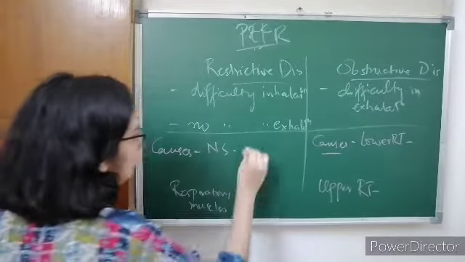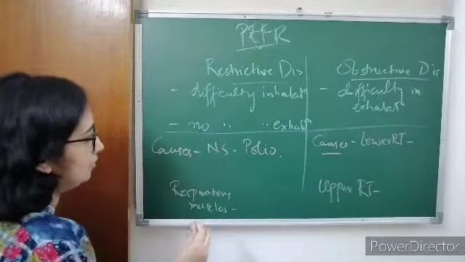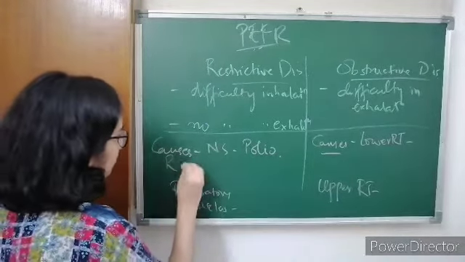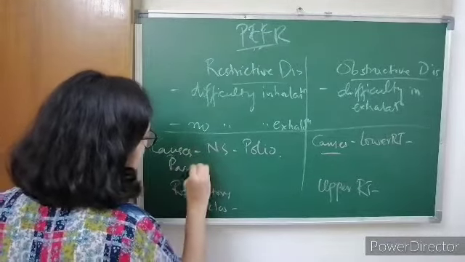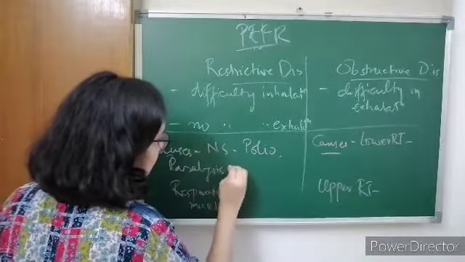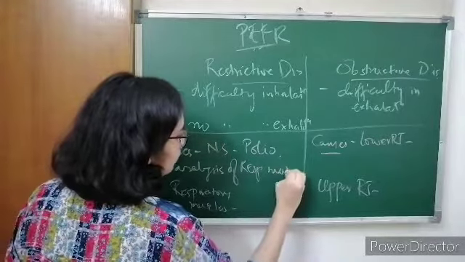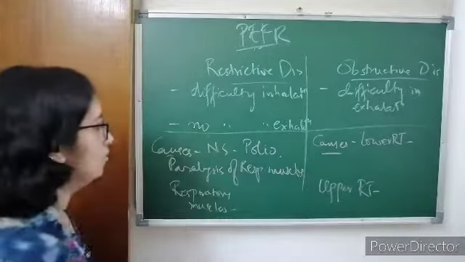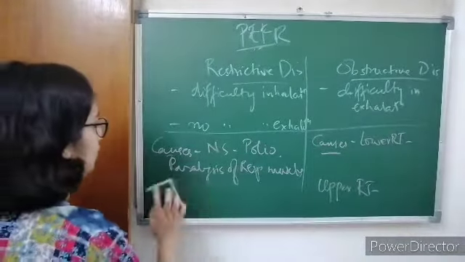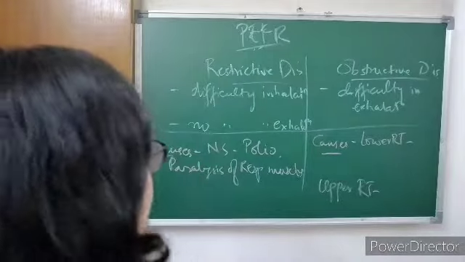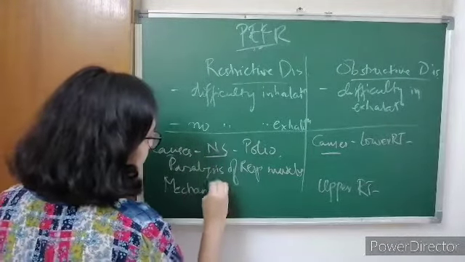What are the nervous system causes? They are polio, paralysis of respiratory muscles. We'll classify these as nervous system and mechanical causes.